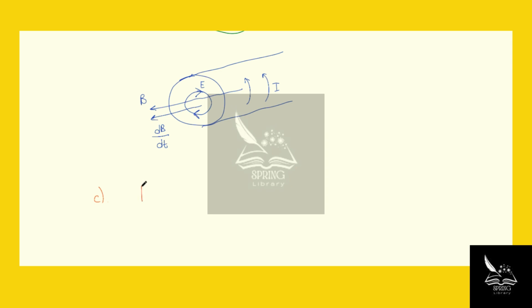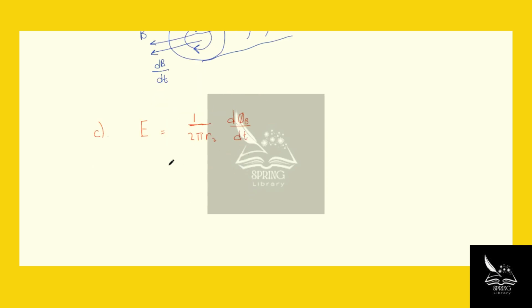So outside the solenoid, we have E is equal to 1 over 2πr2 dΦ/dt, and this is equal to πR², the radius of the solenoid, over 2πr2 dB/dt.